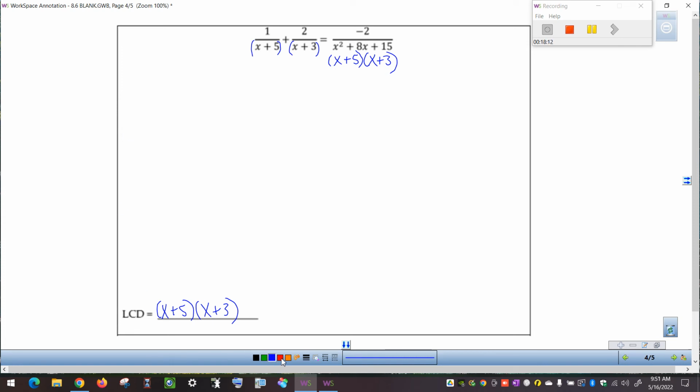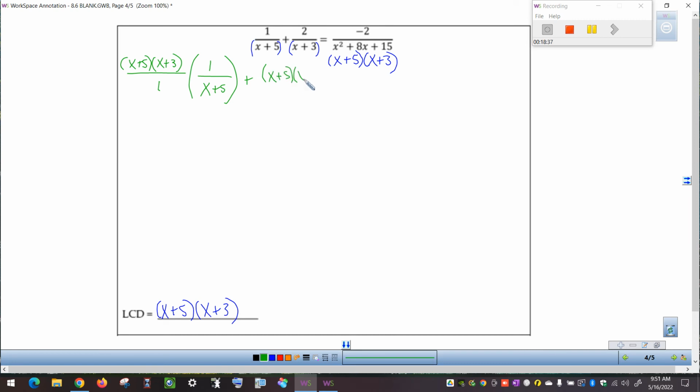All right, so that's what we want to think about multiplying everything on both sides by. So I'm going to start writing this out. So we've got x plus 5, x plus 3 over 1. And we'll multiply that by the first piece, which was 1 over x plus 5.